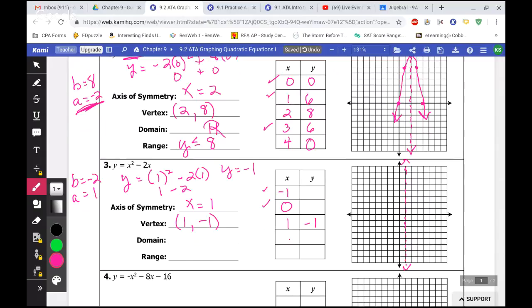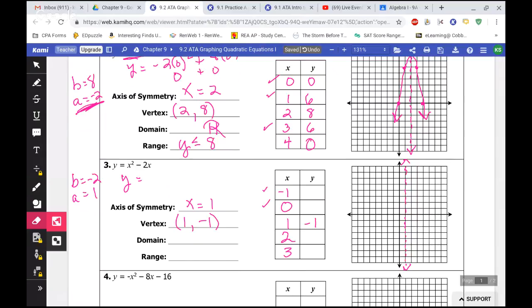Okay, now we're going to go up. What's 1 more than 1? 2. What's 1 more than 2? 3. Good job. All right, what of these numbers are the easiest to multiply with? -1 and 0 or 2 and 3? Yeah, I would pick those also. So let's start there.